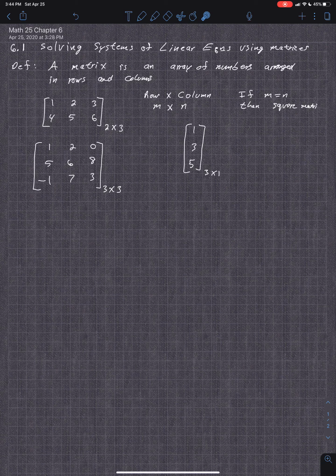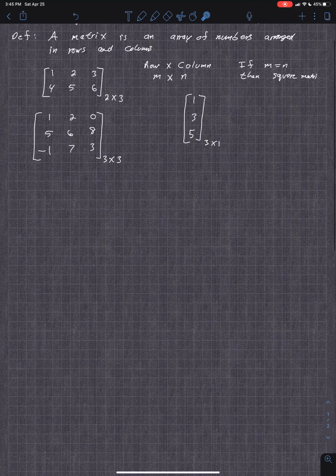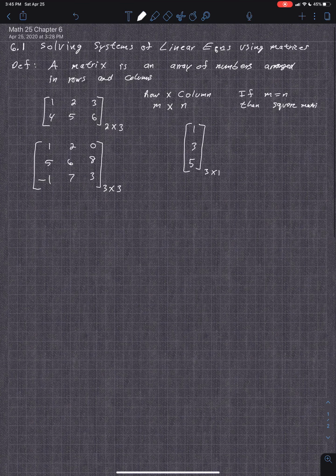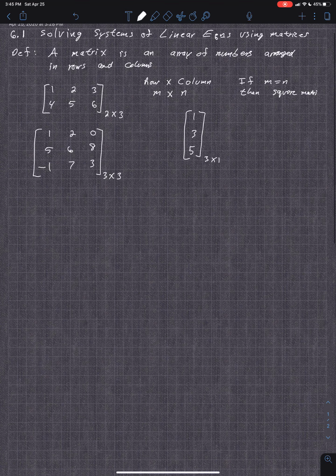So what we're going to do is set up a system of equations and then use that same format to describe X, Y, and Z. So that's the idea. So this is our goal next, is to solve a system of linear equations, but instead of using the equation form, it'll be in this matrix form.